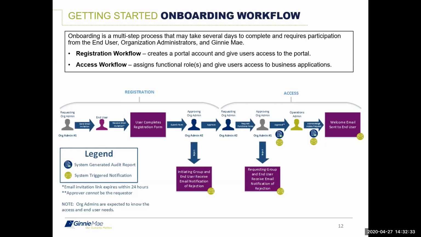If you are an organization administrator that needs a functional role assigned to them, after your account has been created, you will still need 2 organization administrators to conduct the access workflow. You will need 1 organization administrator to request a functional role for you.